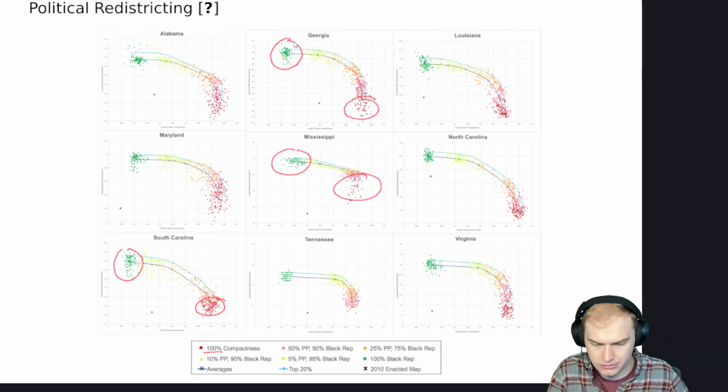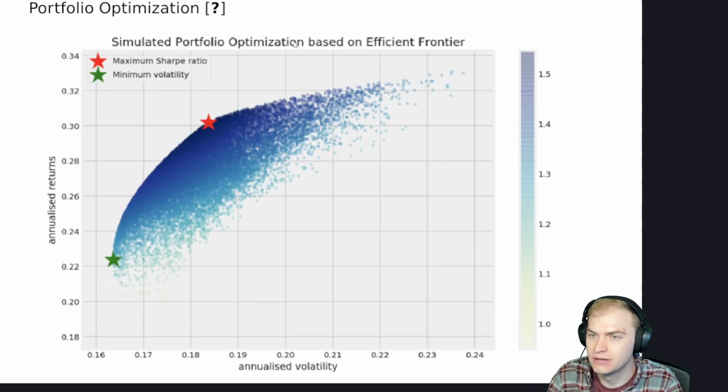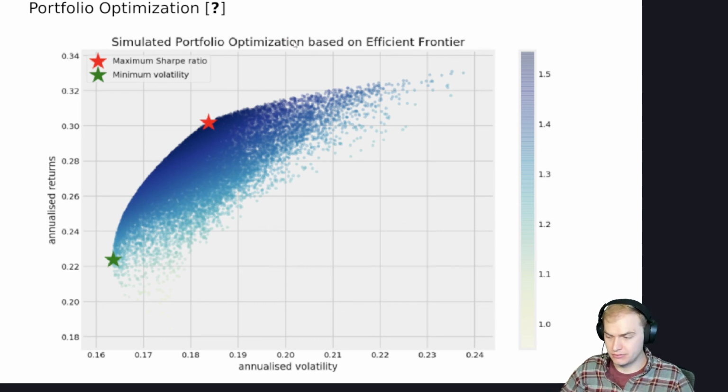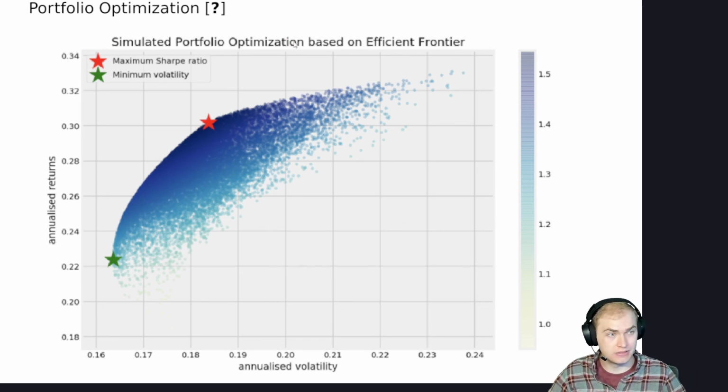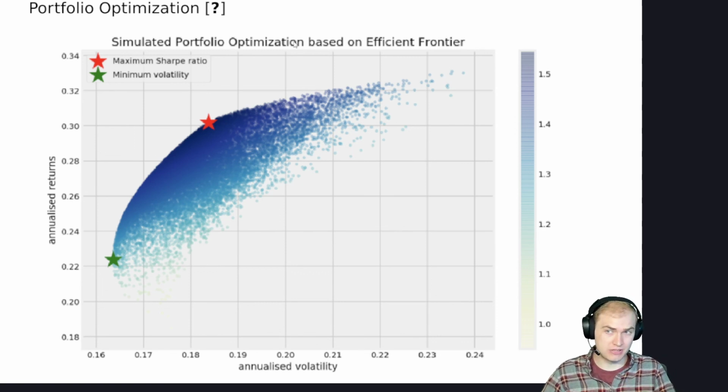I have a few more examples that I'm not personally invested in. I mentioned that the Pareto frontier is used a lot in the business world. This comes from a portfolio optimization problem.